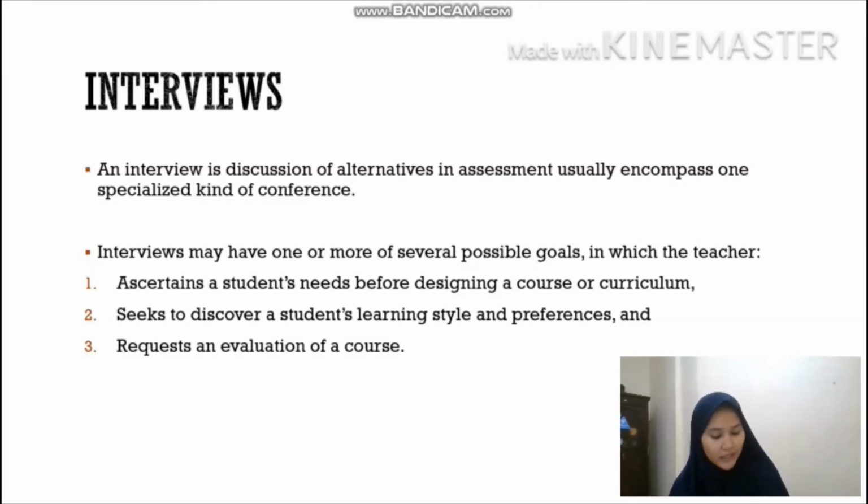Bisa dilihat lagi lebih banyaknya di halaman 265, ya, 265 sampai 266 yang paling atas.